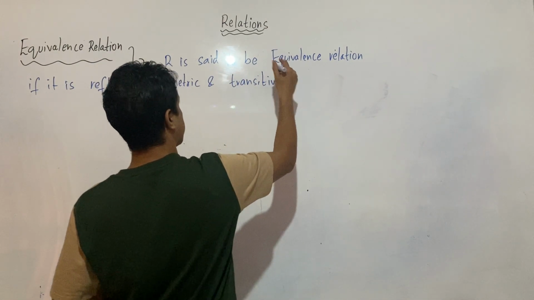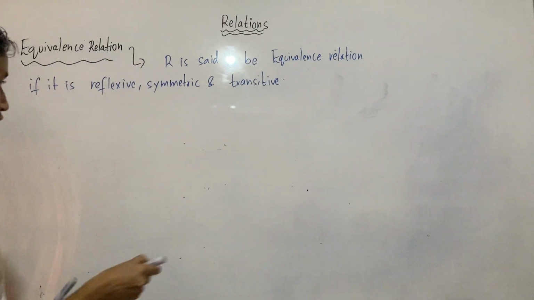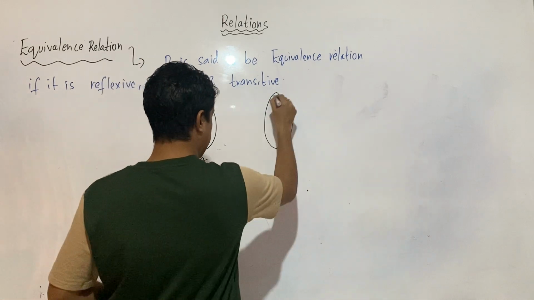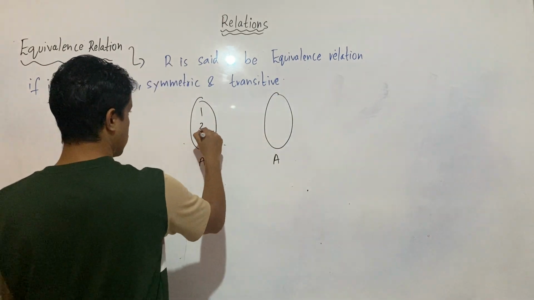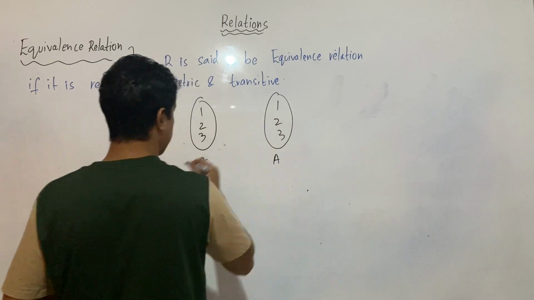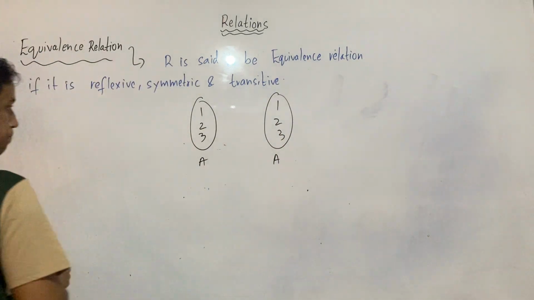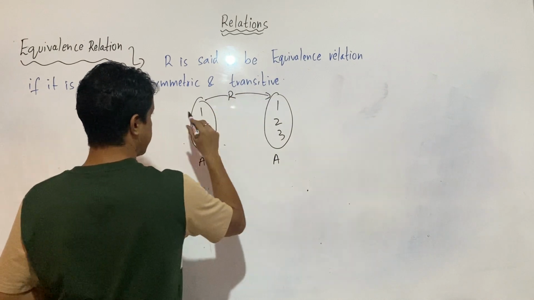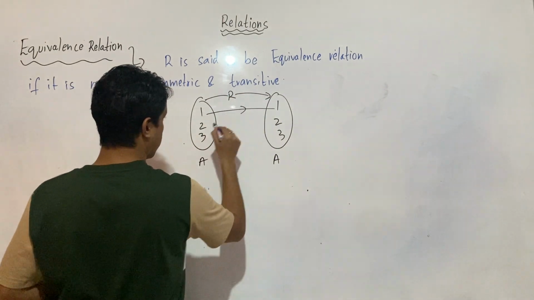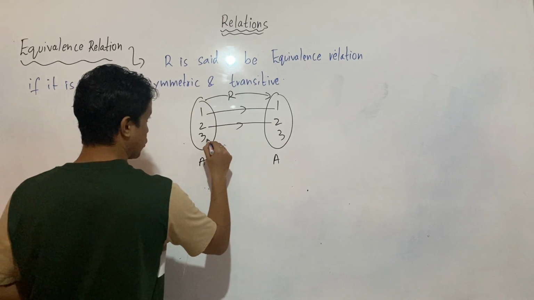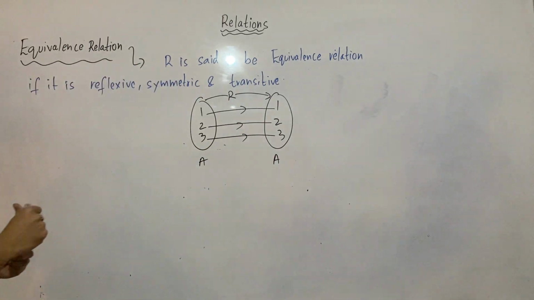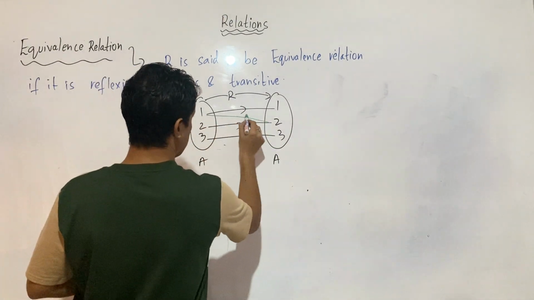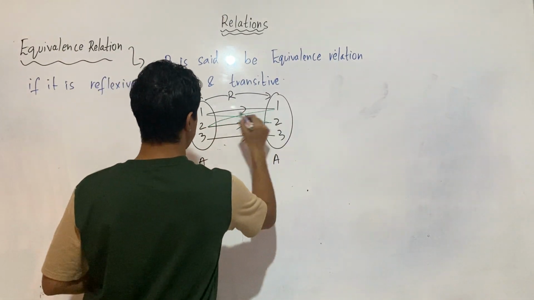Okay, so how is it possible? Let's say that we have here A, here A, again the same elements 1, 2, 3, here 1, 2, 3. Okay, and here this is a relation, right? And here 1 is related to 1, 2 is related to 2, 3 is related to 3, and 1 is also related to 2, and 2 is also related to 1.